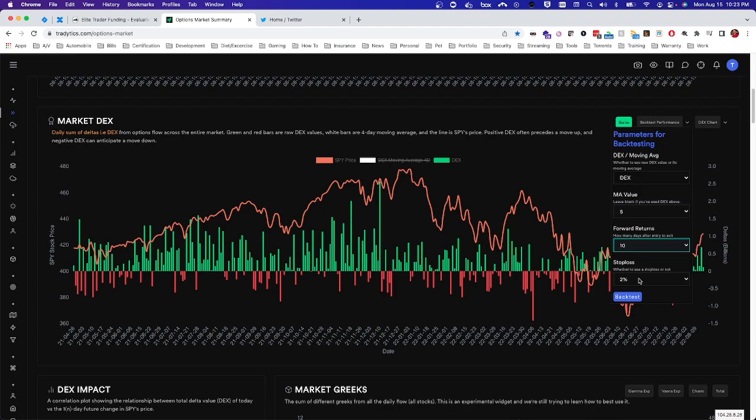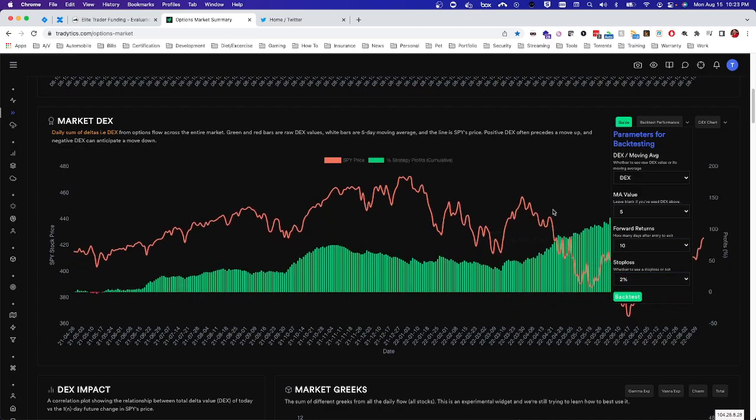And that would be 2% of SPY's price. That's not saying 2% on your call option, because there are several factors based on the call option you select. So your stop loss is 2% of SPY's price, or you could set it to 1%.